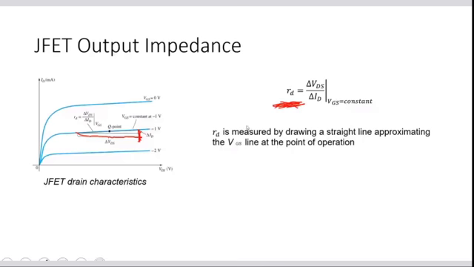So now we are entering into the very crucial part, JFET AC equivalent circuit. We have seen three different types of circuits for BJT: hybrid pi model, RE model, and the hybrid model.